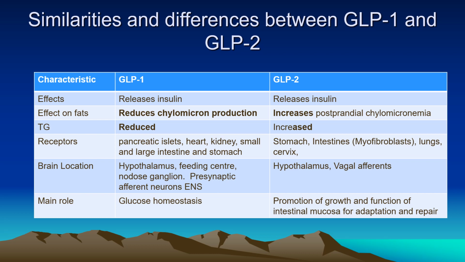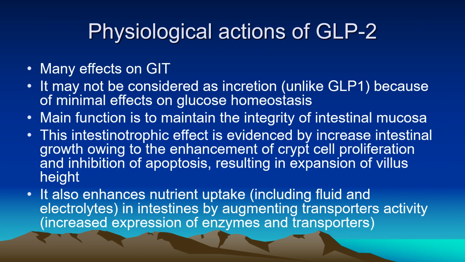Many of the organs have GLP-1 receptors, whereas the distribution of GLP-2 receptor is mainly in the intestine, stomach, and a few centers in the brain. The main role of GLP-1 should be understood as glucose homeostasis, whereas GLP-2 is for promotion of growth and function of the intestinal mucosa for adaptation and repair. So it has an intestinal cell protective effect rather than a glucose homeostatic effect.